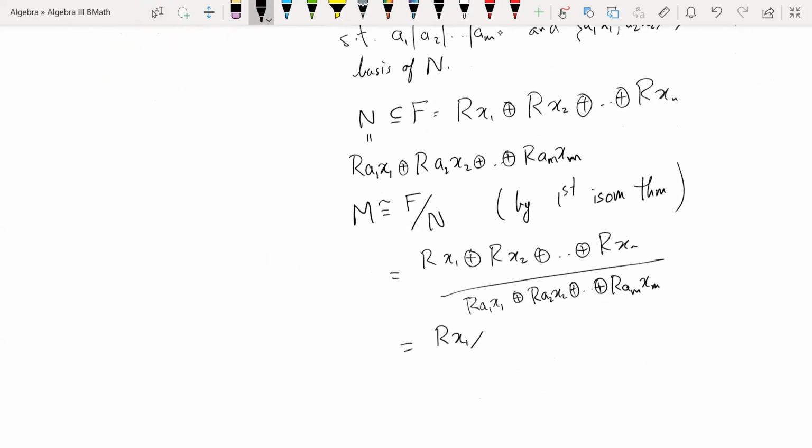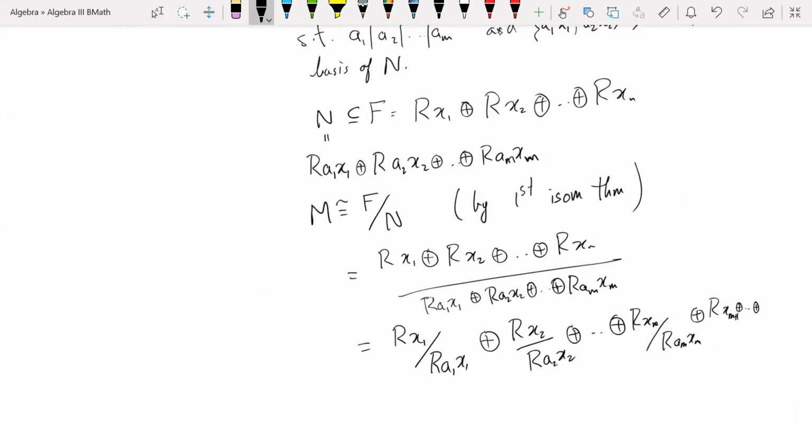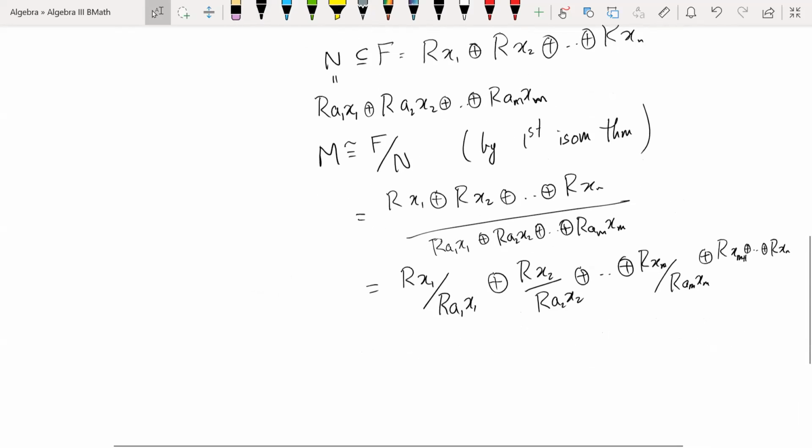This is R x1 mod R a1 x1 direct sum R x2 mod R a2 x2 plus up to R xm mod R am xm, plus, and then the remaining factors don't have anything in the denominator, so you can think of it as plus 0, 0, 0 here. So R x_{m+1} plus up to R xn.